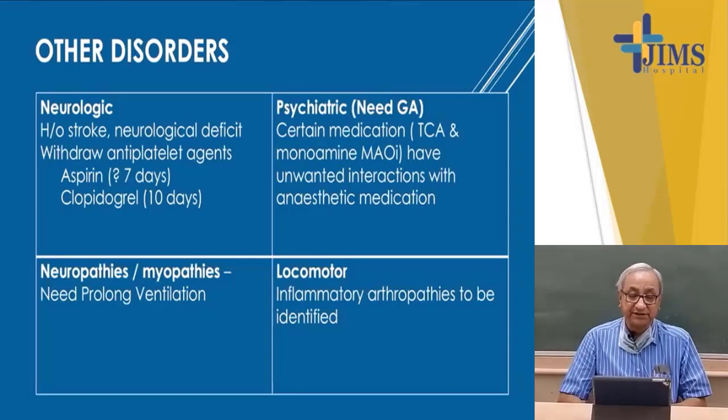Neuropathies and myopathies: there are a lot of them, you must have read them in medicine and surgery. They will require prolonged ventilation postoperatively. And inflammatory arthropathies should be identified because postoperatively, if the patient lies down more, the chances of deep vein thrombosis and cardiac problems increase.